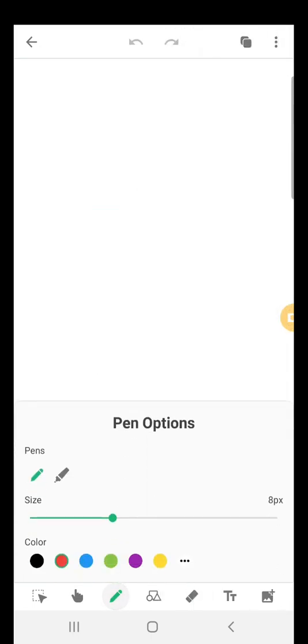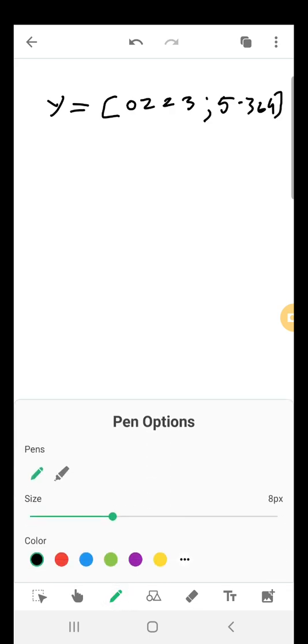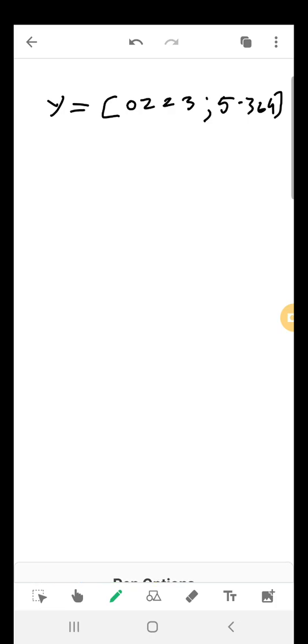that you write Y as equal to 0 2 2 3 semicolon 5 -3 6 and 4. So the semicolon here is very important.